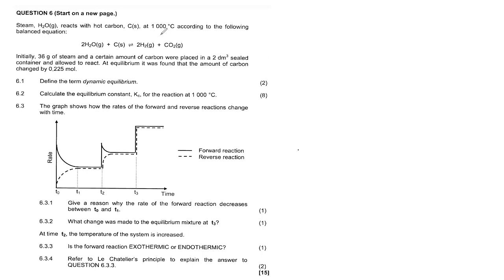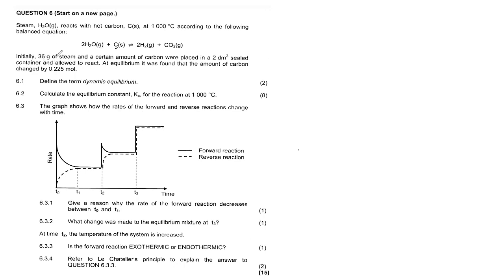This is happening at 1000 degrees Celsius according to the following balanced equation. We can see all these other substances are in gaseous state, but only the carbon is in solid state. So note that this will not be part of the Kc expression.